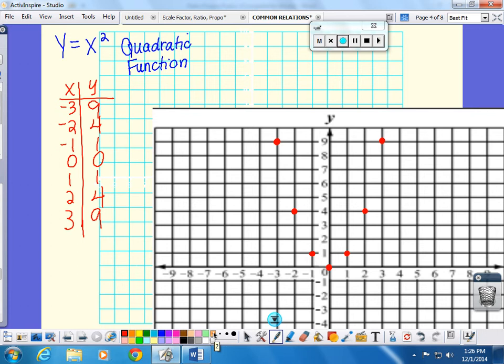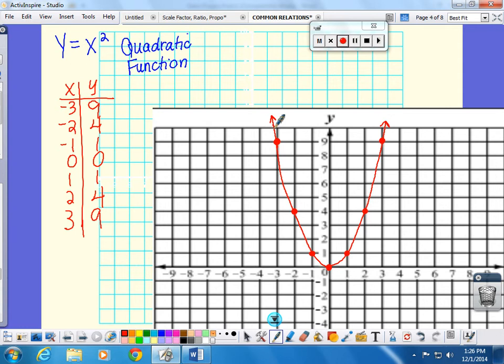So you have to freehand this. And it's not a V shape, it's a U shape. So do your best. You guys are better artists than I am, just draw a curve. And hopefully it looks better than mine. I'm very sorry about that, but just round it off, okay?